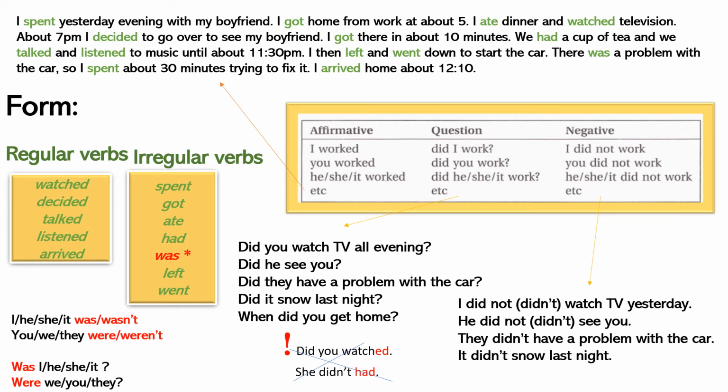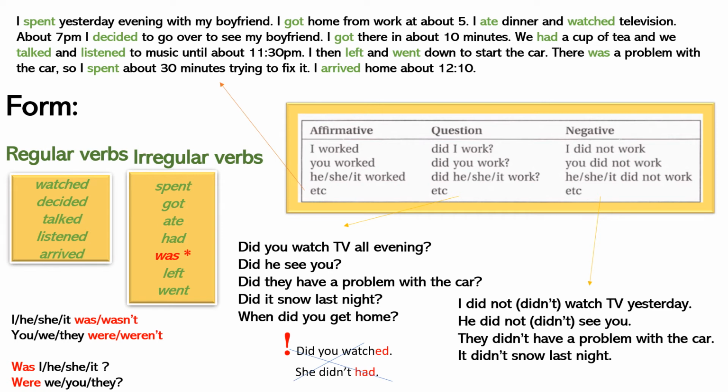And with the subjects you, we, they, we use the form were. We were together. Negative forms are used plus not. So I, he, she, it wasn't, and you, we, they weren't.